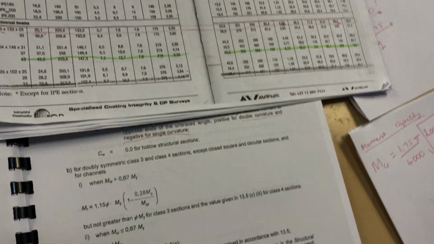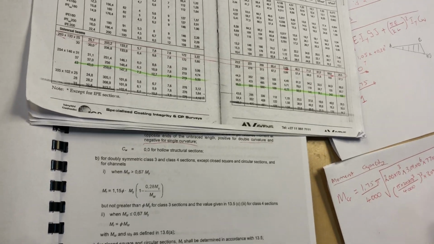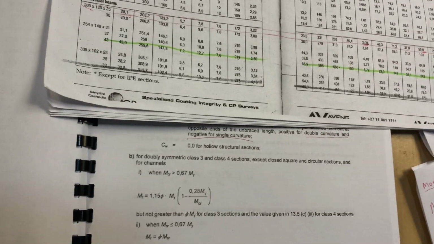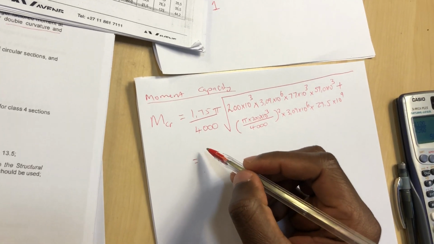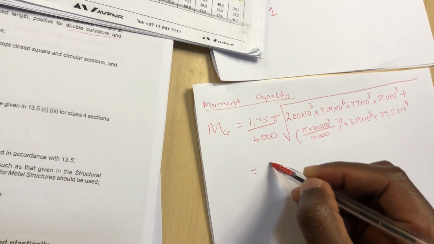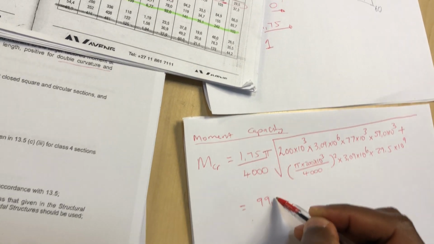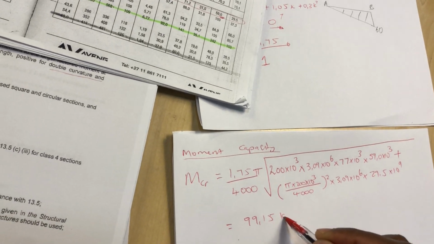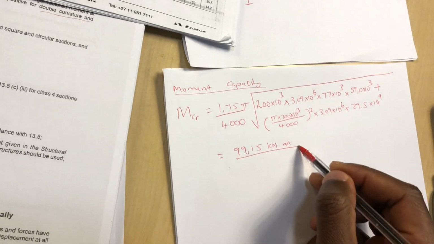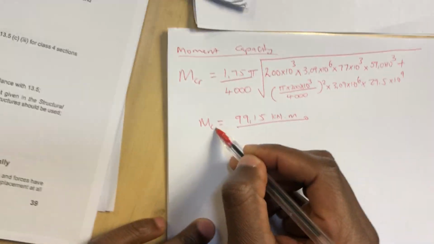And then now you're going to find the answer for this substitution. So I'm going to just write the answer then. The answer is 99.15 kilonewton per meter. Okay. So this is your MCR.